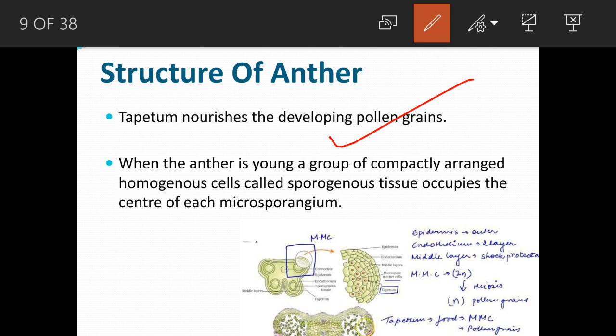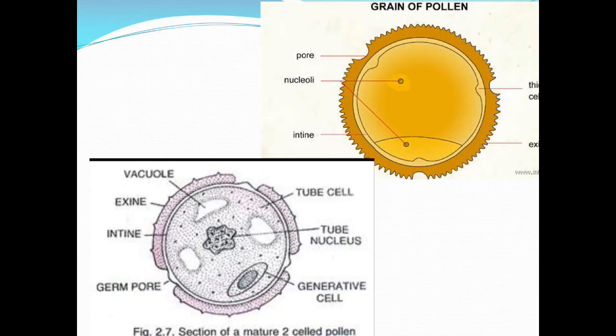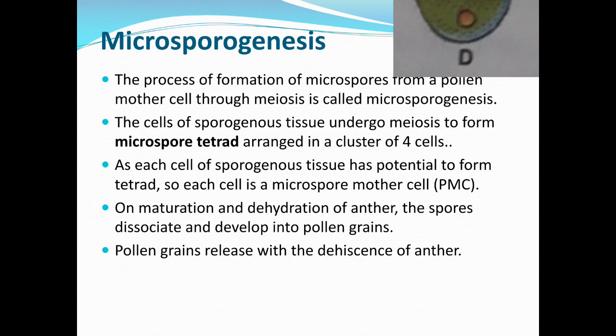When the anther is mature, a group of compactly arranged homogeneous cells, the sporogenous tissue, occupies the center of each microsporangium. This is the structure of the pollen grain formed inside the pollen sacs.